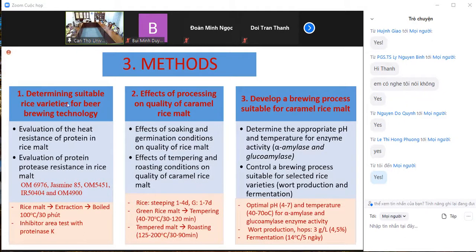And then after that, we choose only one rice variety suitable for malting.